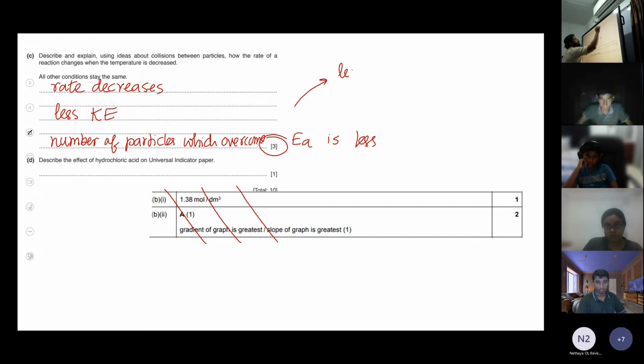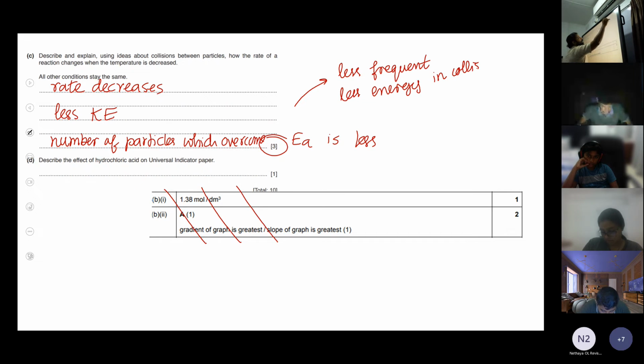Less frequent collisions. Here is the simple answer. Less energy in collisions. And less successful collisions.